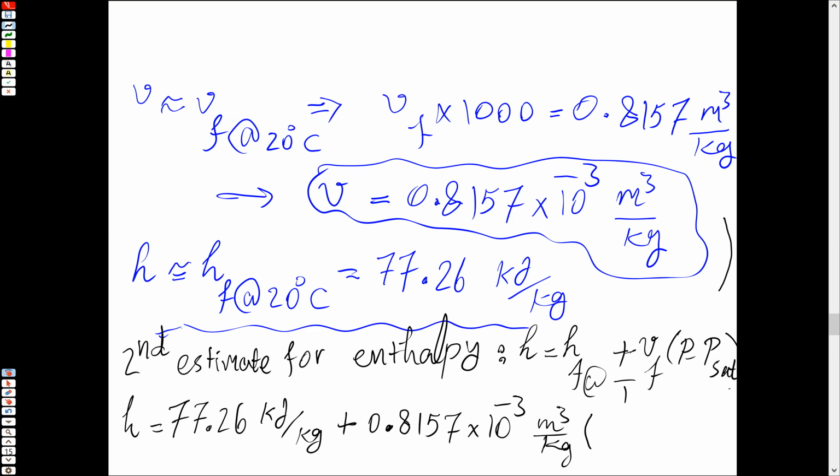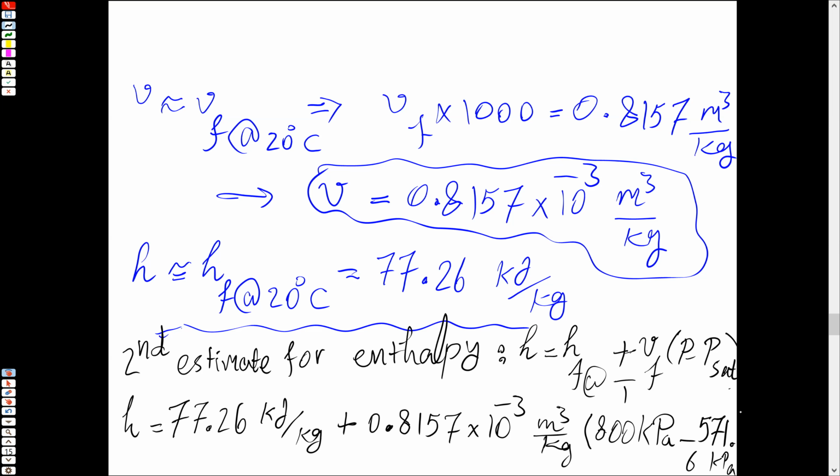Pressure is tabulated in bar. I need kilo because here I have kilojoules per kilogram. I want to generate a kilo here, so I convert that bar to kilopascal. My pressure is 8 bar, which equals 800 kilopascal, minus the saturated pressure, which was 5.71 bar, which equals 571.6 kilopascal, okay?